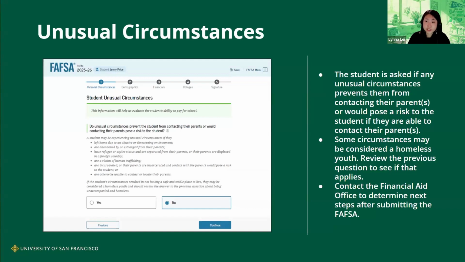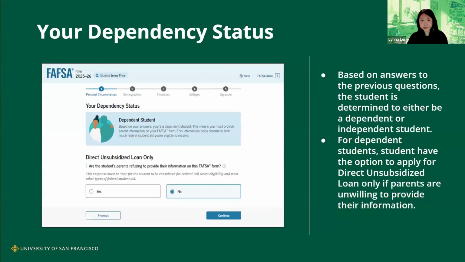If you say yes to this question, please contact the financial aid office to determine if there are additional steps. At USF, there are additional steps, including supporting documents that we will ask students to provide, depending on the reason they selected yes as their answer. Okay. And then based on all of those questions, your dependency status will be determined.